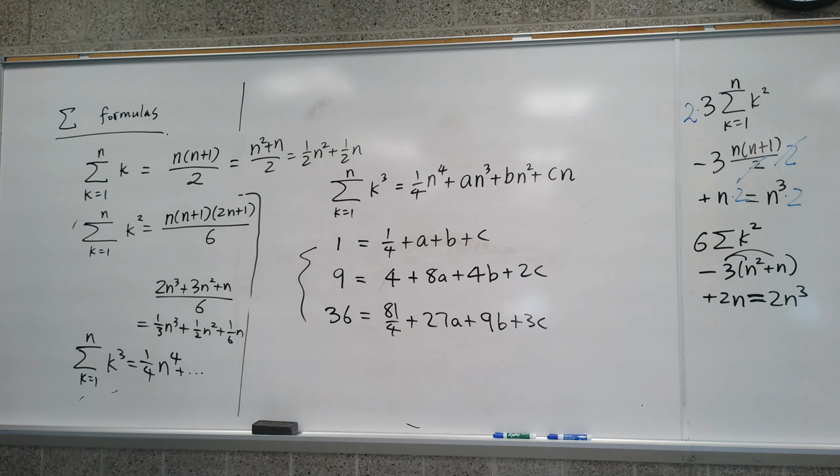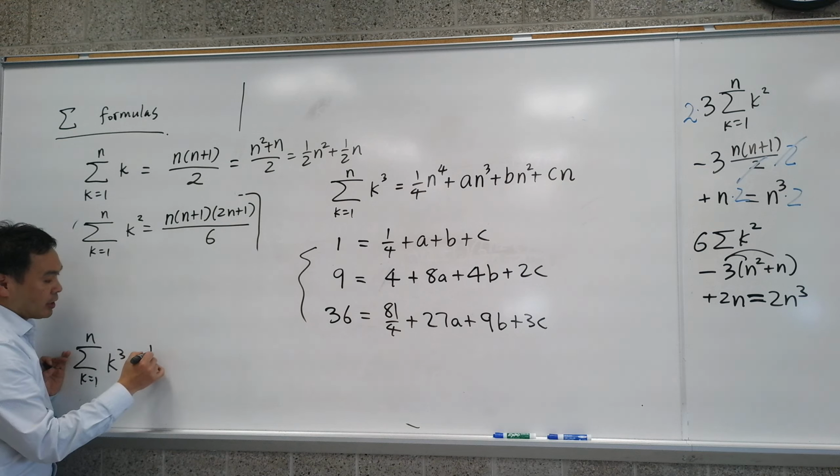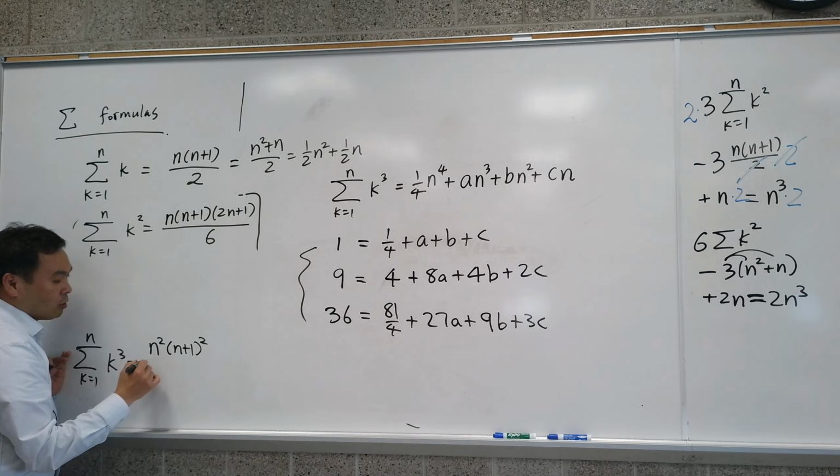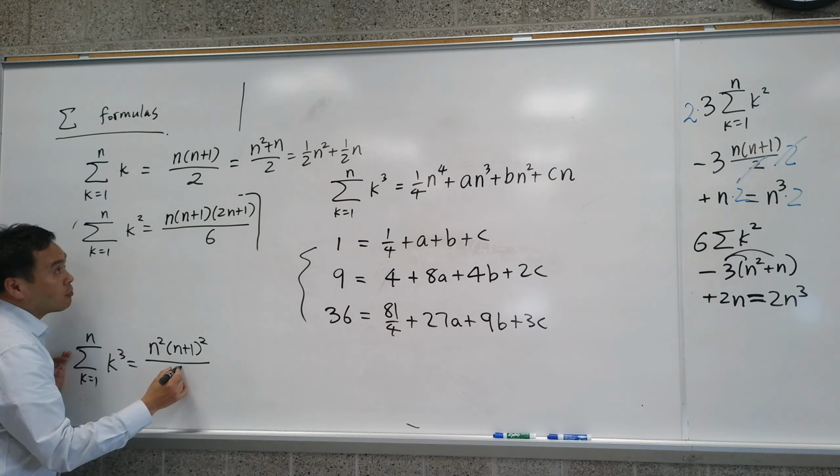So I'll skip the details because that's just too annoying. But at the end of the day, what's going to happen is that if you do that, you end up with n squared, n plus 1 squared over 4. Okay?